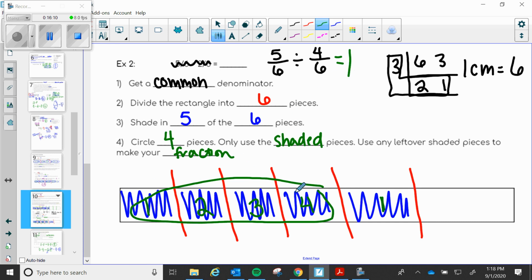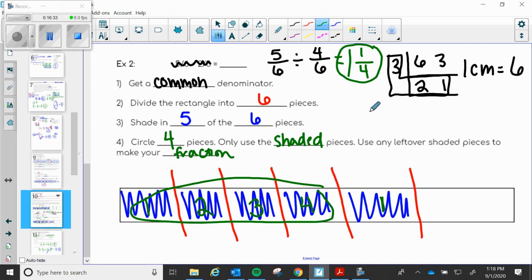That's my whole number, so it's 1. And then I have my leftover piece, which becomes my numerator. And my denominator is not 6, it's actually 4, because that's how many pieces I'm putting in to each group. So this is now my final answer for this problem based on our fraction model.